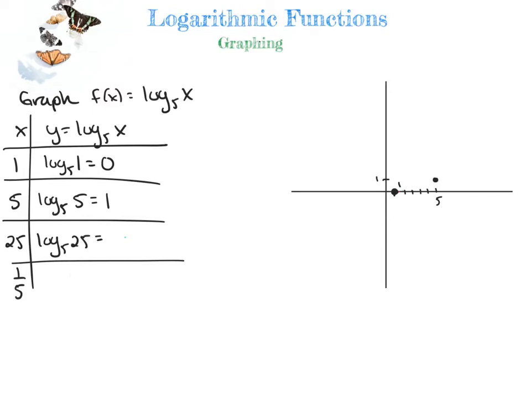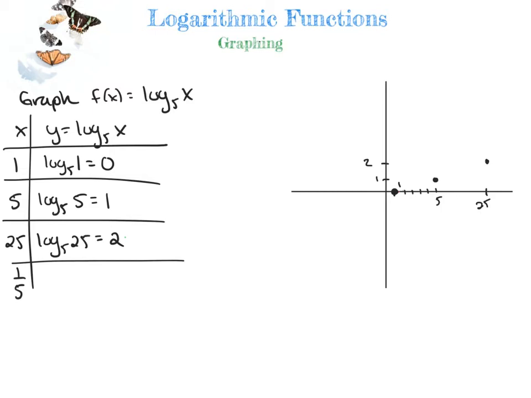What's the exponent we put on a 5 to turn into a 25? That's exponent 2. Oh, that's really big. 25 is over here, let's say. Not quite to scale. Ooh, that's climbing very slowly to y equals 2. So definitely it's slowly going up to the right.